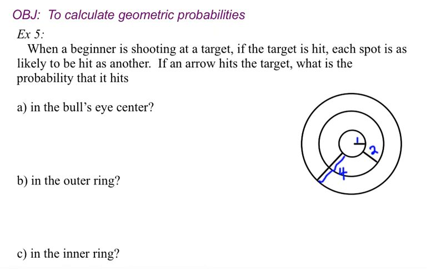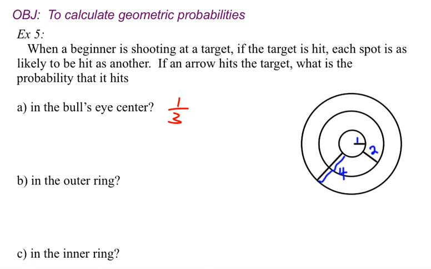So if I'm asking you what's the probability of throwing a dart and getting it in the bullseye center, is the probability 1/3? Because basic probability tells me you take the number of the event that you're trying to get, which there's only one, bullseye center, out of the total number of outcomes, and there are 3 different regions here.